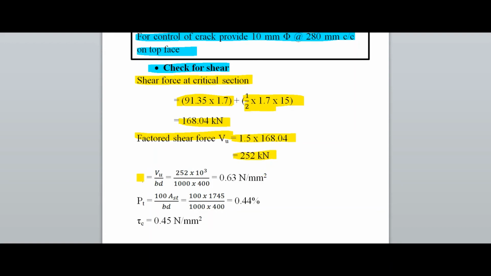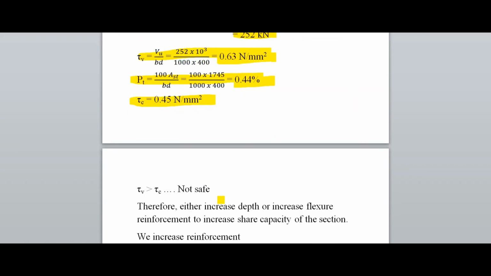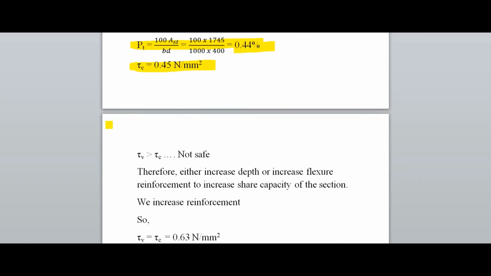With this we can find tau V, then PT, then tau C. Tau V is Vu upon bd, 252 into 10 to the 3 upon 1000 into 400, which is 0.63 Newton per mm square. PT is 0.44 and tau C is 0.45. Here tau V is greater than tau C, so not safe. Our toe slab is not safe against shear.